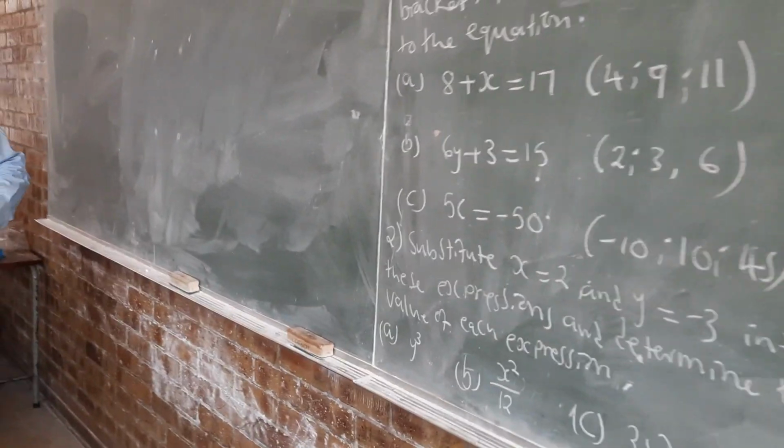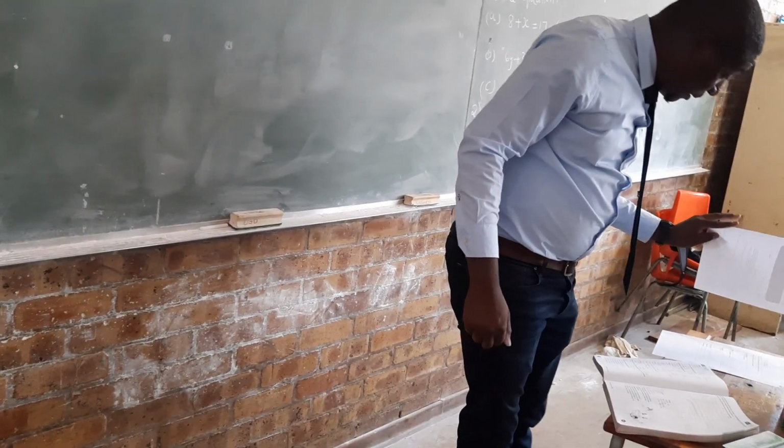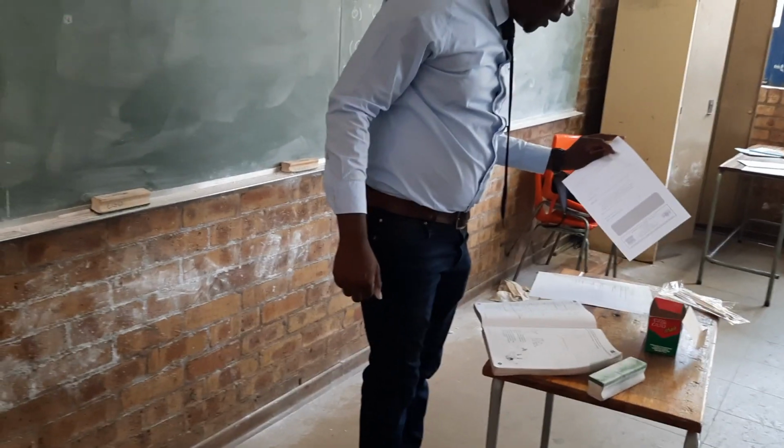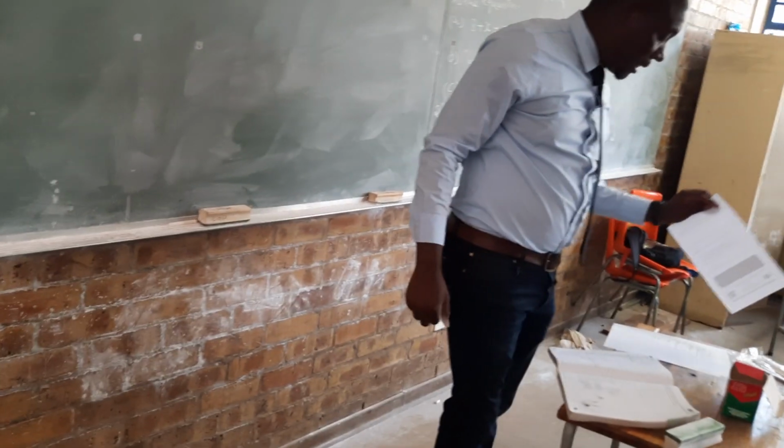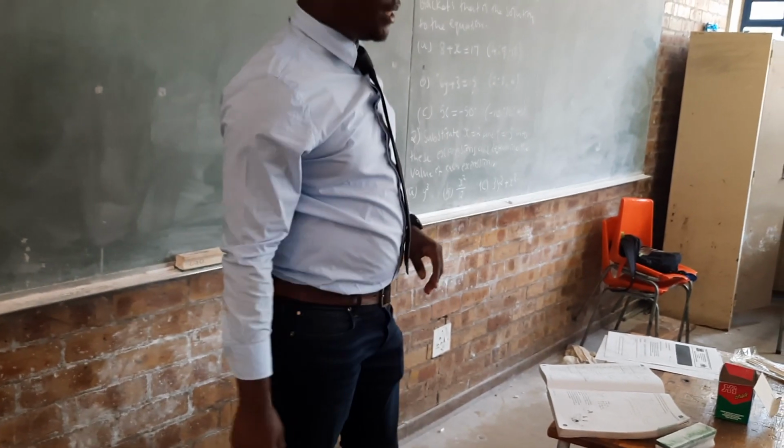I'm just going to give you a few minutes to complete that, because for now we're left with a few things to do. We're just left to factorize and additive and multiplicative inverses. Then after that, we will be done for today.